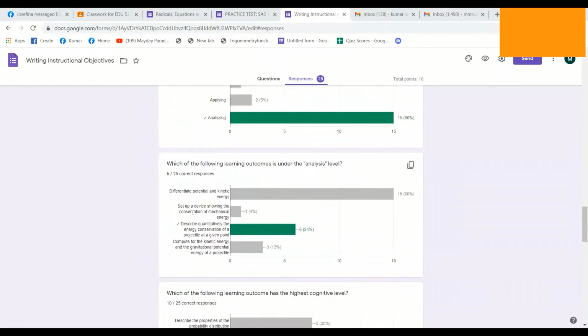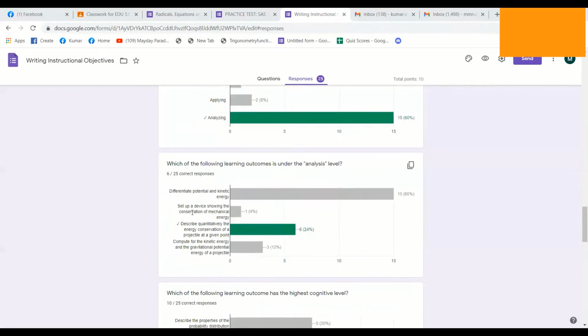Okay, next one. Which of the following outcomes is under analysis level? So again, in the analysis level, you try to break down a given question or a given statement or knowledge into parts. Okay. Differentiate potential and kinetic energy.